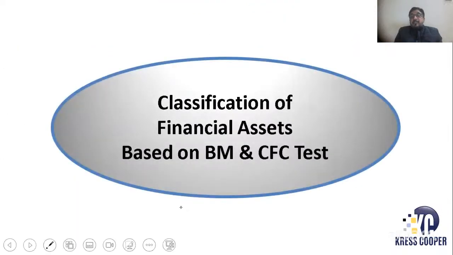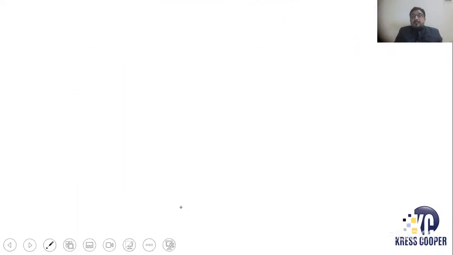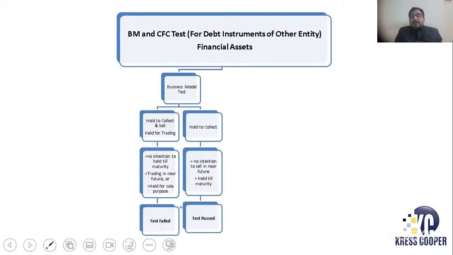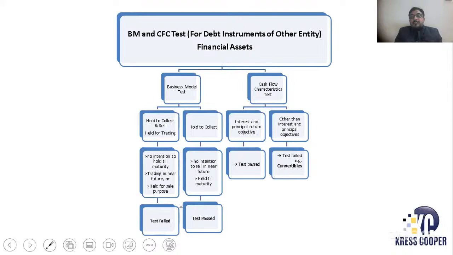Classification is based on the business model and contractual cash flow characteristics. This will give you clarity about the classification. So the test is the business model and contractual cash flow characteristics test. The business model is hold to collect and sell, or hold for trading, or hold to collect.